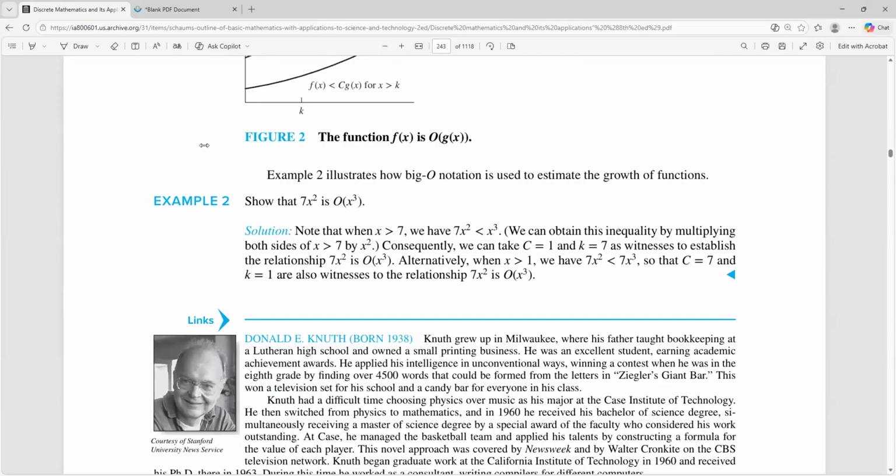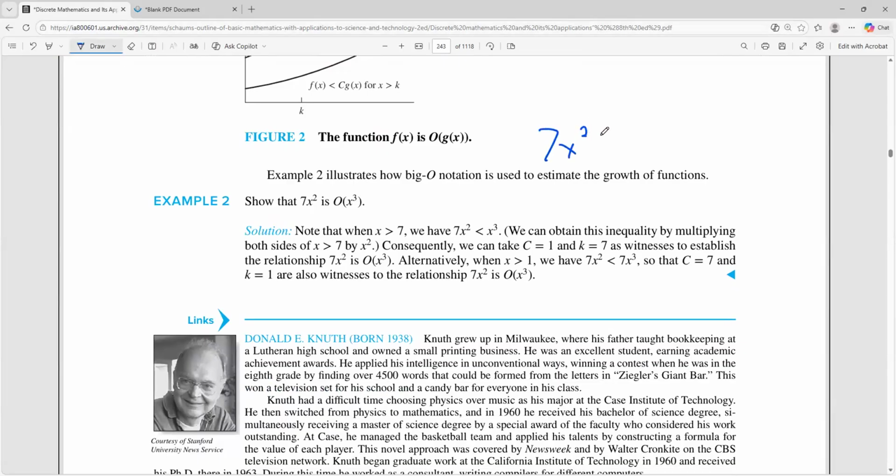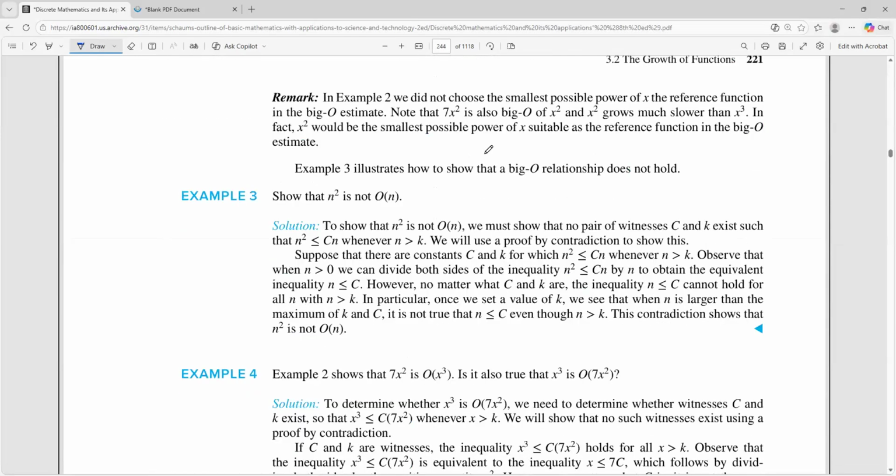So you could just say right here, 7x squared is less than or equal to x cubed for all x greater than or equal to 7, because at x equals 7, 7x squared is 7 times 7 times 7, and 7 cubed is 7 times 7 times 7. So here's another example of it.